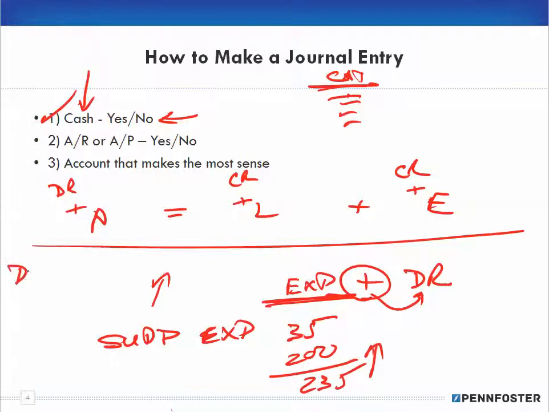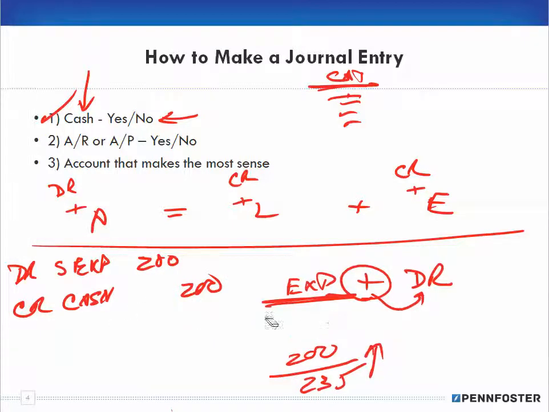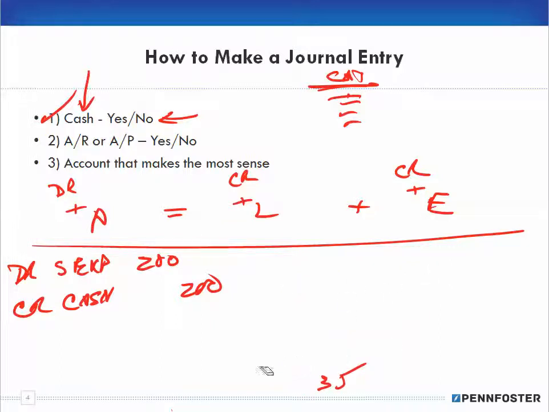So I know that my journal entry of a debit to supplies expense for $200 and a credit to cash for $200 is correct. That's the theory behind it. But I didn't have to go thinking about all of that. When I sat down, I said I'm looking at cash first, and cash is decreasing, so I'm crediting my cash.